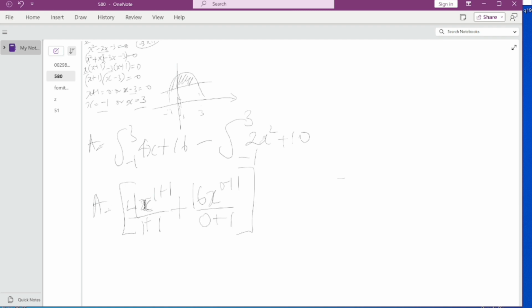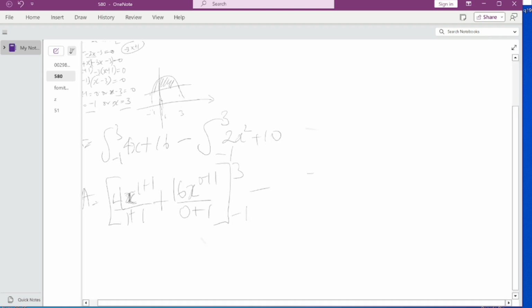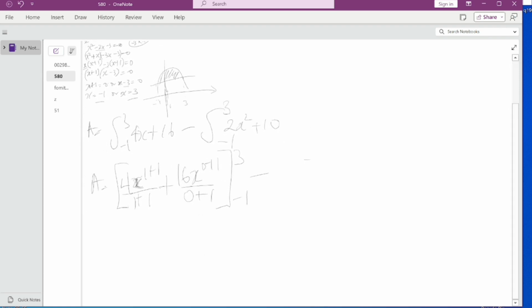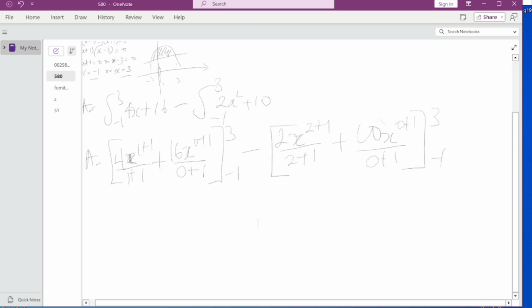We'll leave our big bracket, 3 minus 1, our limits, minus. On the other side, we still have our open bracket. We have 2x to the power of 2 plus 1 over 2 plus 1, plus 10x to the power of 0 plus 1 over 0 plus 1. We'll close our bracket. We have 3 minus 1.